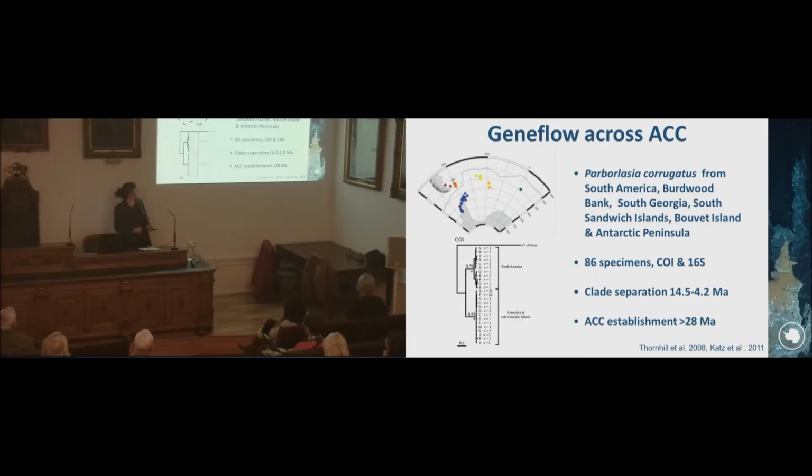Coming to the points I showed, I wanted to give you some examples on the gene flow across the Antarctic circumpolar current. My example is Parborlasia corrugatus, a very pretty nemertean that can grow up to 0.5 meter length, 3 centimeter in size, and feeds on anything that it finds.